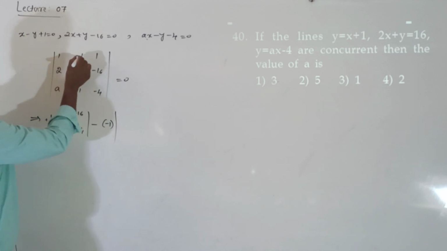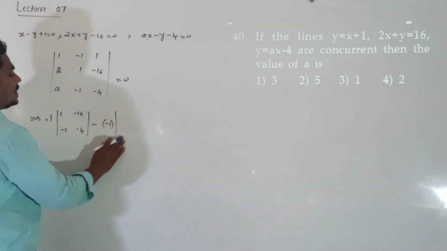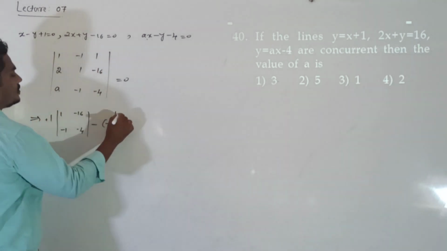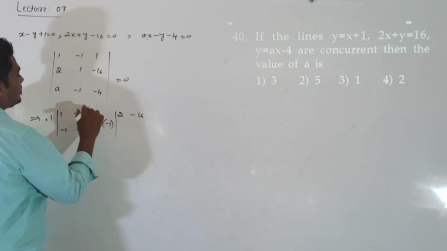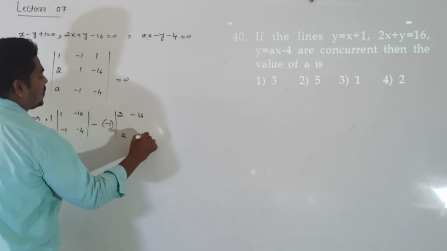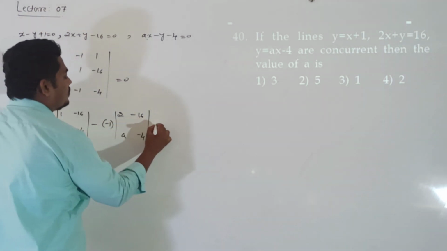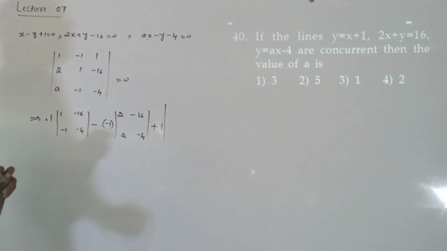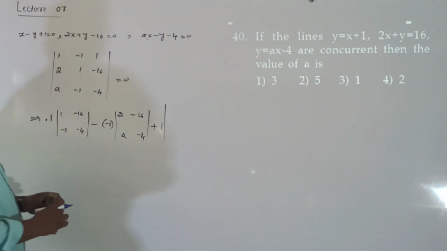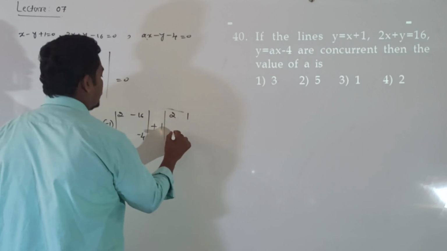After that its position is first row second column; deleting the first row and second column, we get 2, minus 16, a, minus 4. Next sign positive, element 1 into the determinant obtained by deleting the first row and third column, that is 2, 1, a, minus 1.